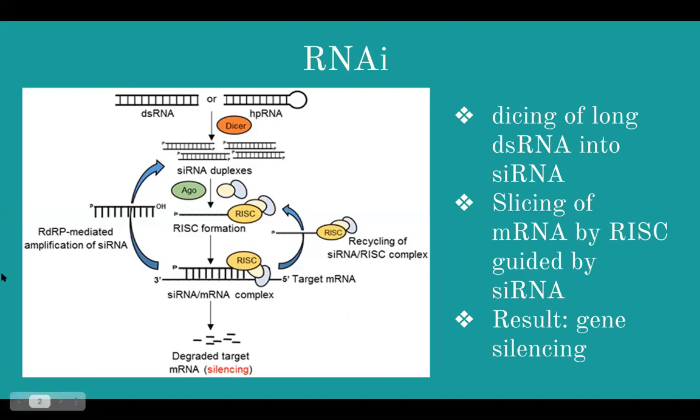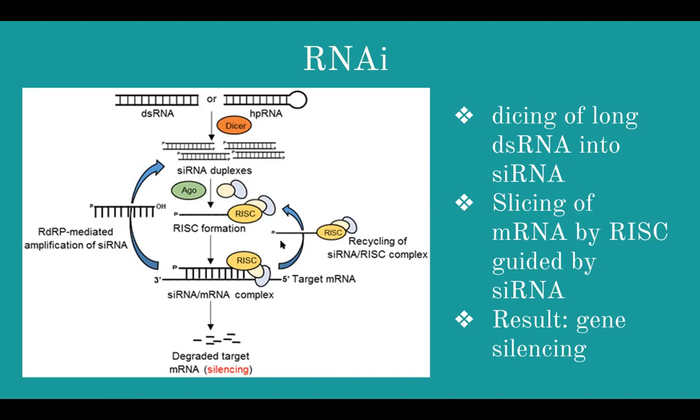As you can see from the top image, the double-stranded RNA is diced into siRNA, also known as small interfering RNA, by the dicer. Then the siRNA duplexes or complexes are a guide to help slice the messenger RNA complex using RISC, also known as RNA-induced silencing complex.